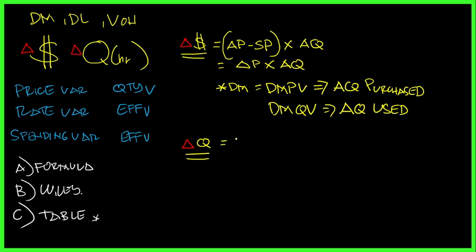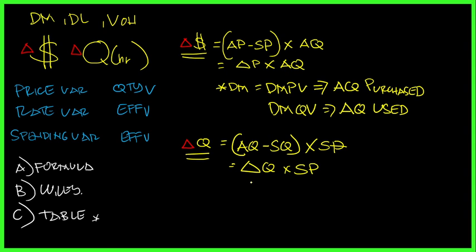It will come from the difference of the actual quantity minus the standard quantity. Okay, and you multiply that with your standard price. Okay po. So, kumbaga, basta change in quantity times your standard price. Okay, so that's your formula approach.